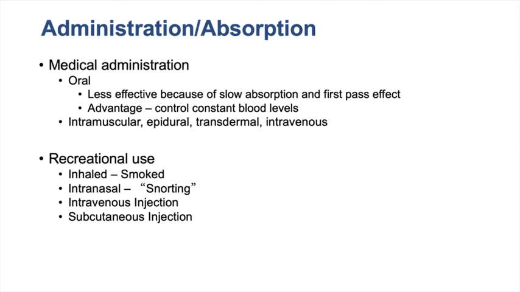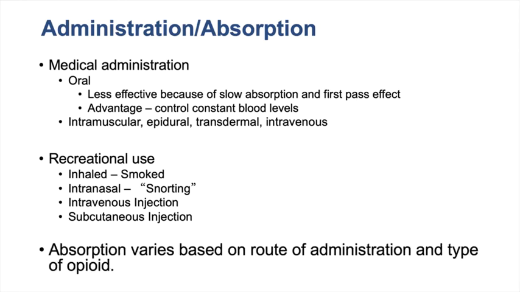If you inject it in the wrong place, for example, if you hit an artery instead of a vein, you can have significant medical complications. So while it will be an intense high that hits you for a long time and you'll get the maximum effect for the dose that you give, there are significant downsides to it.